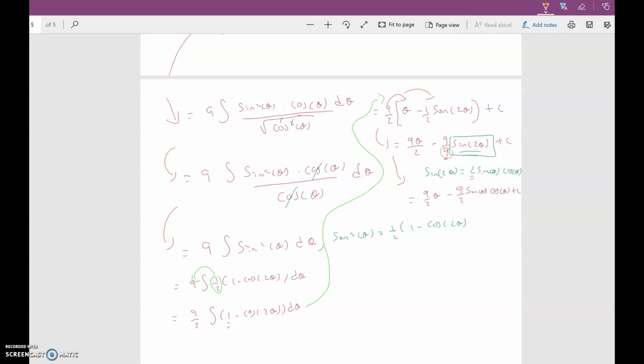This 4 reduces with that 2. Let me just rewrite it here, and then we're going to do the evaluation of the variable. So we're still looking at 9/2 of theta minus 9/2 of sine of theta cosine of theta plus the constant c.